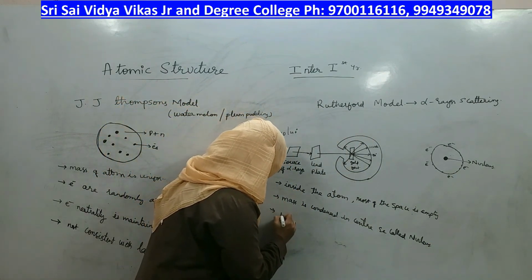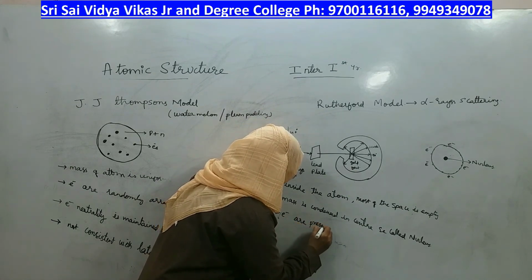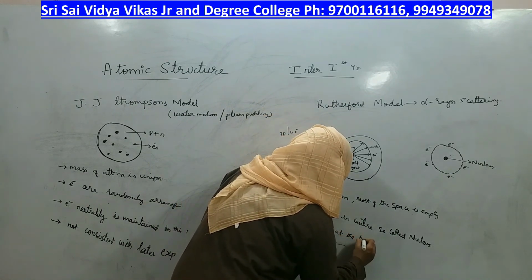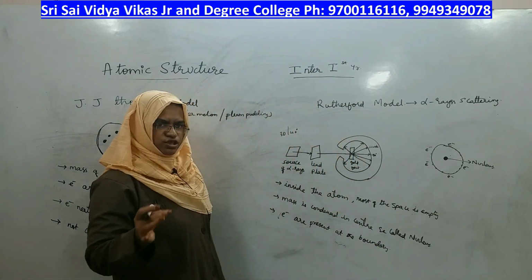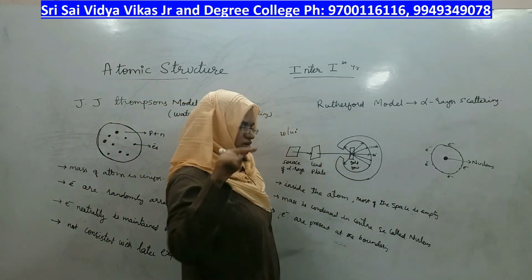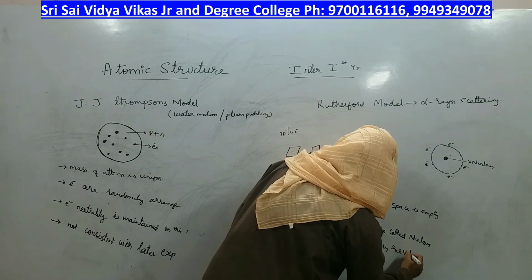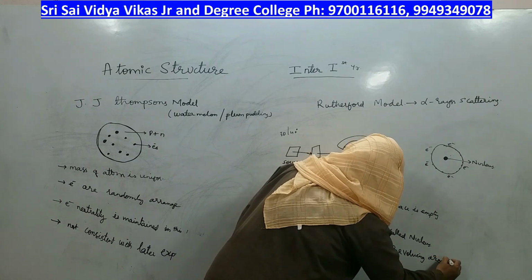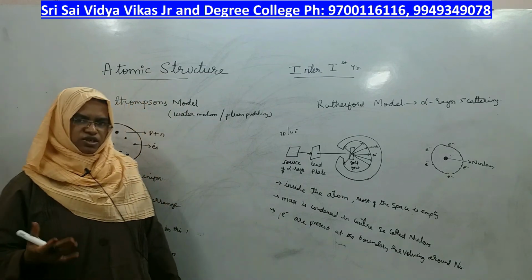Electrons are present at the boundary, and the nucleus has some forces of attraction on the electrons. Therefore, electrons revolve around the nucleus, but not in between, at the boundary, revolving around the nucleus.